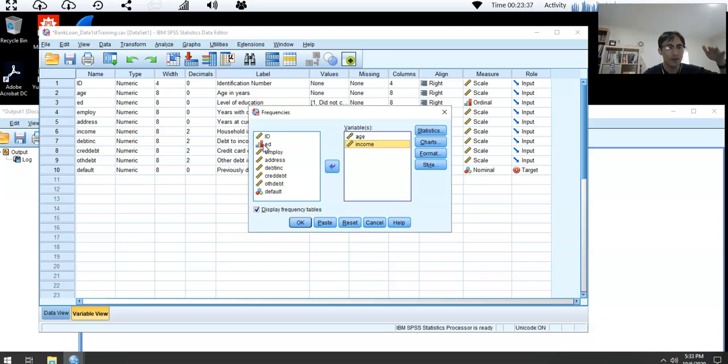Did not complete high school, high school degree, some college. Rather than doing that, it is categorical, an ordinal or nominal variable. Getting the mean is less important because they are all qualitatively different categories.